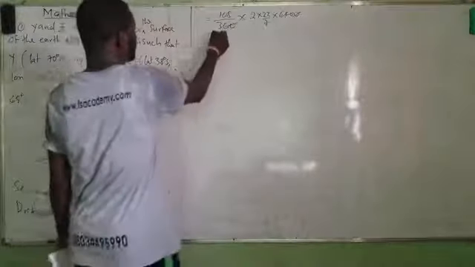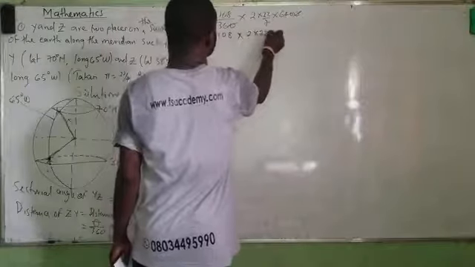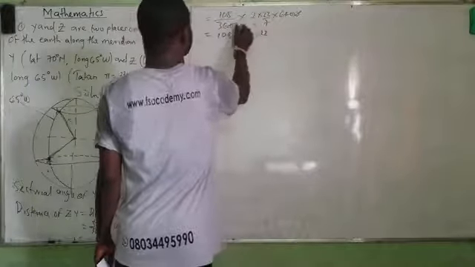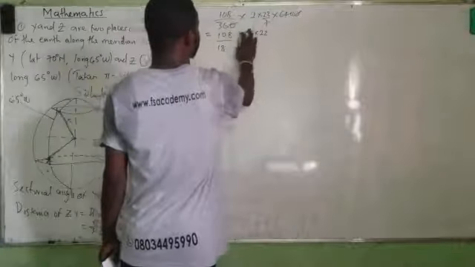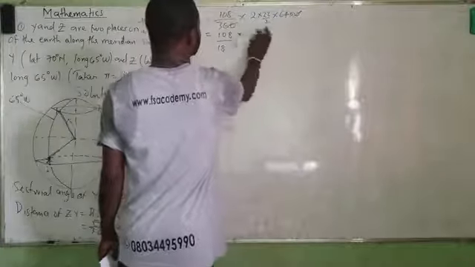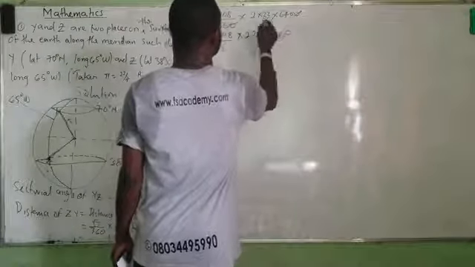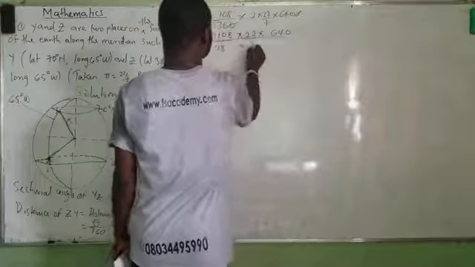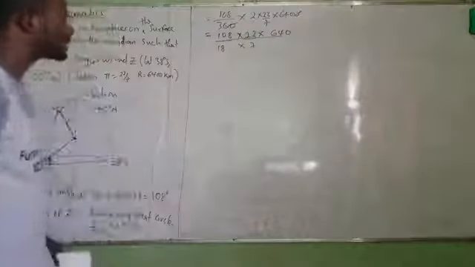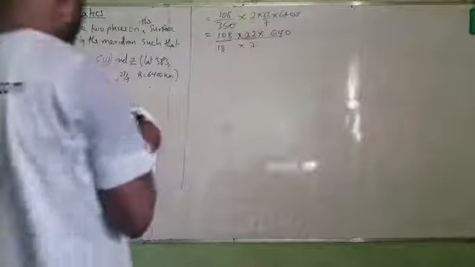It means 108 multiplied by 2 multiplied by 22 over 7, divided by 360, multiplied by 6,400. I don't need to stress myself with that. By doing this, my calculator will give me the answer.